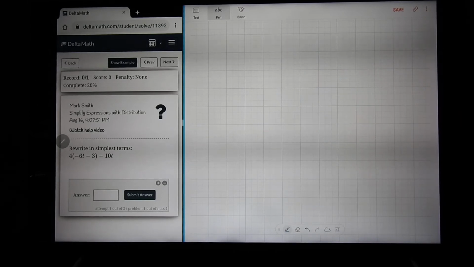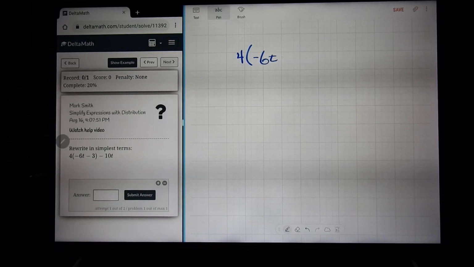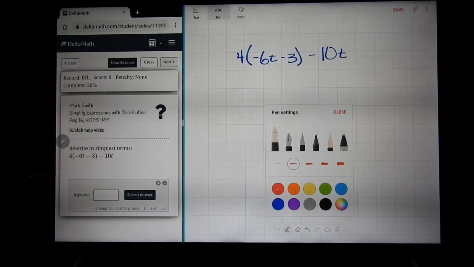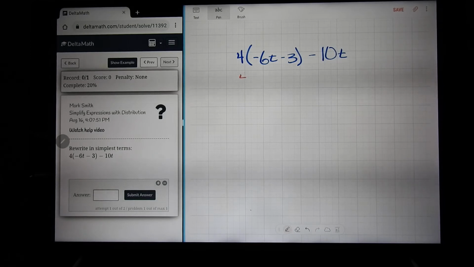Notice we have another distribution of a 4 times this parentheses and minus 10t. So we have distribution, and we're going to have 4 times negative 6t and 4 times negative 3.